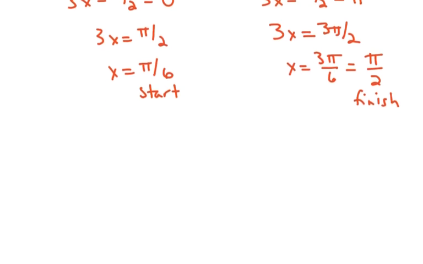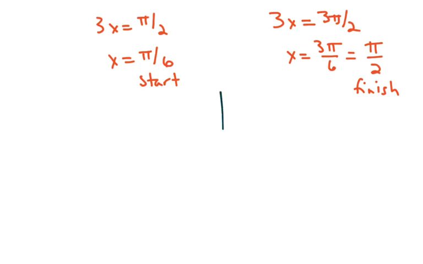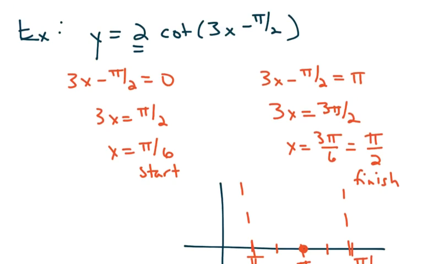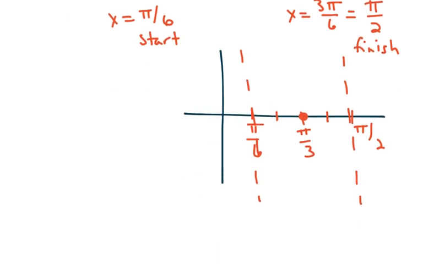All right, so now I'm ready to go draw my graph. Okay, so I'm going to start at pi/6. I'm going to end at pi/2. So there's the start, the end. I've got to figure out what's smack dab in between. Remember, it's the average. So pi/6 plus pi/2 divided by 2 is pi/3. All right, that's that one. And then these, instead of being at 1 and -1, because of that 2, they're going to be at 2 and -2.